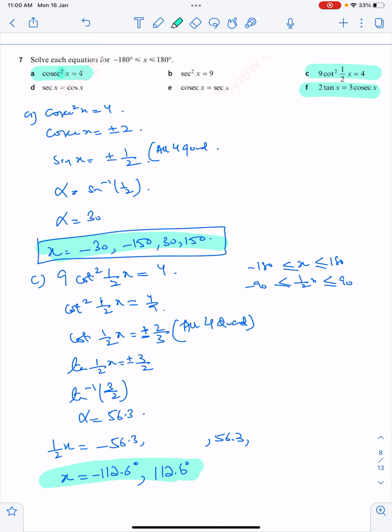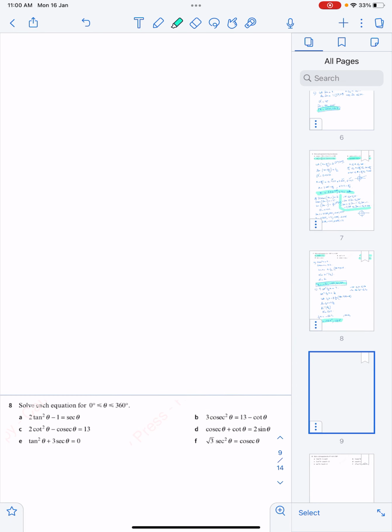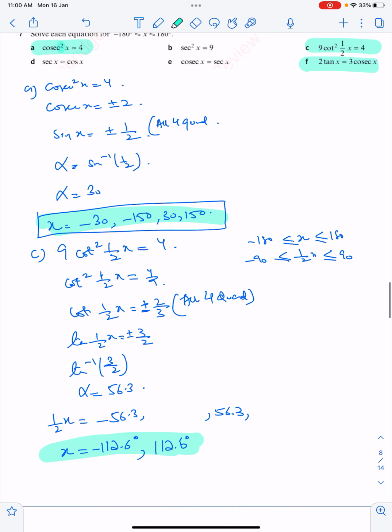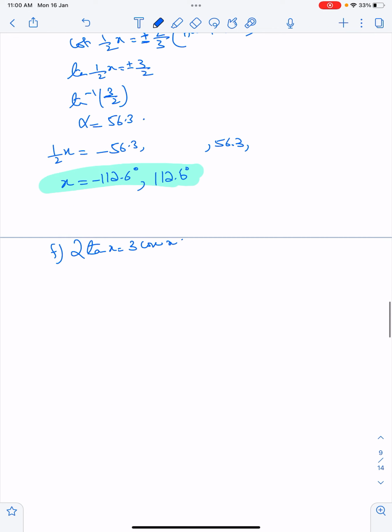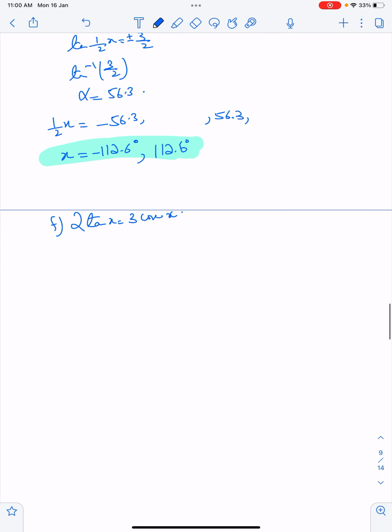Then I'm moving on to the F part of this, which is 2 tan x equals 3 cosec x. No need to alter the range because we just have x here. Simplify this.